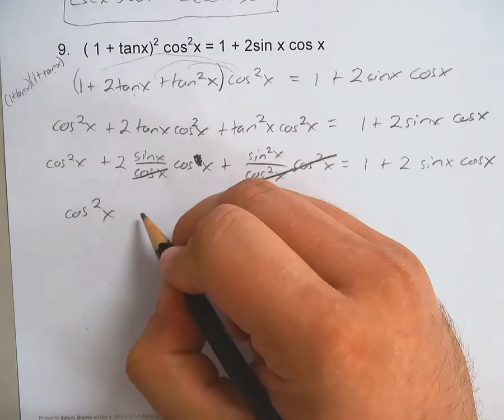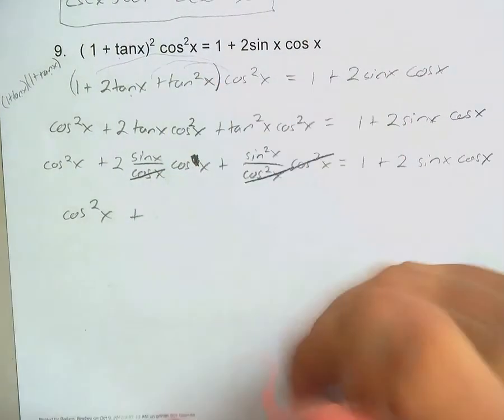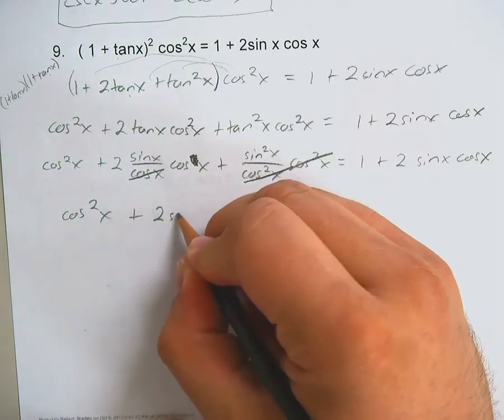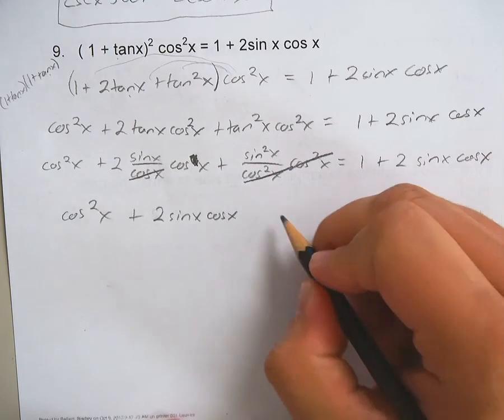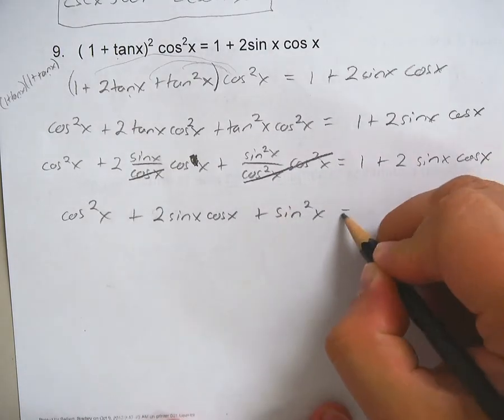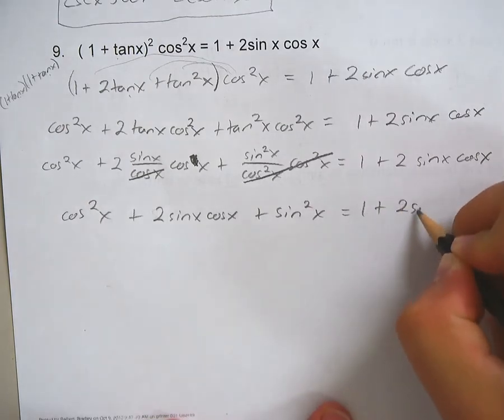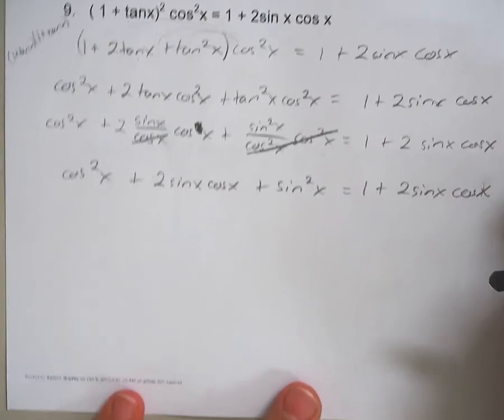Cosine squared x plus 2 sine x cosine x plus sine squared x, equals 1 plus 2 sine x cosine x. Write that down.